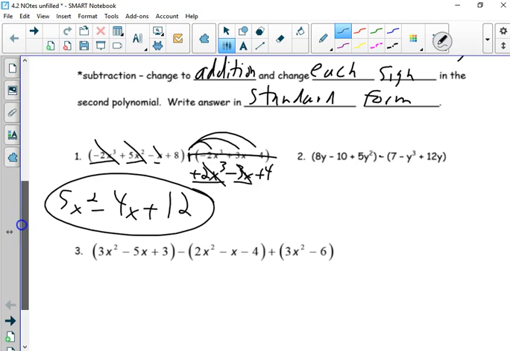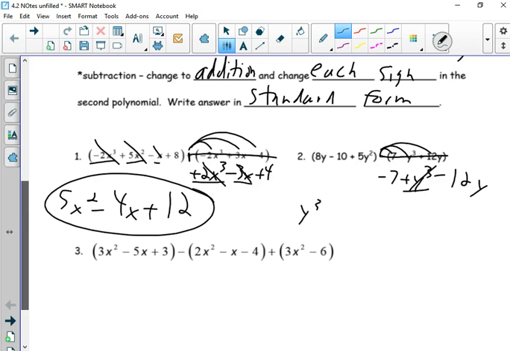Second one, I'm going to distribute here, here, and here. So I'm going to get minus 7, because it was positive, plus y cubed minus 12y. Once I'm done with this, I'm just going to cross it off so it's not confusing me. Now, my highest exponent is cubed. I've only got this right here, y cubed.